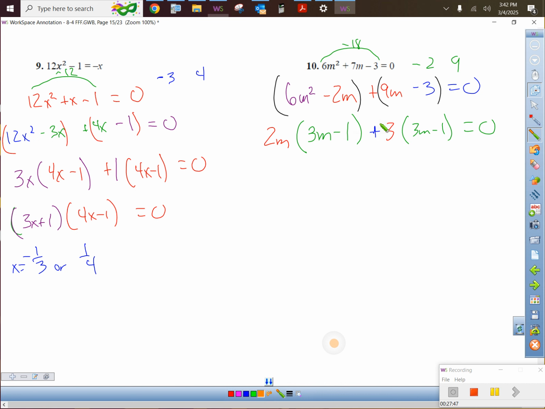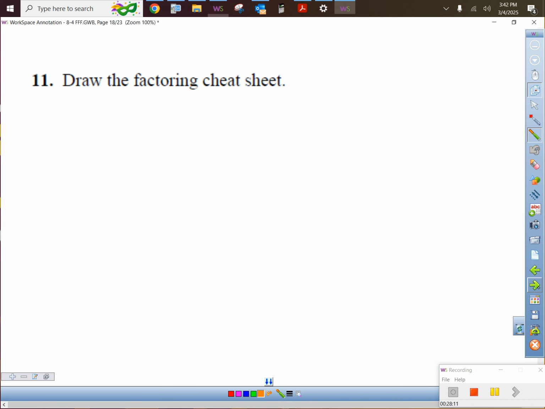In the second group, I took out a positive 3, and I was left with another 3m minus 1. Double group. The GCFs become a group of their own in red. The 3m minus 1 is the common group, comes down for the ride. Zero product property.